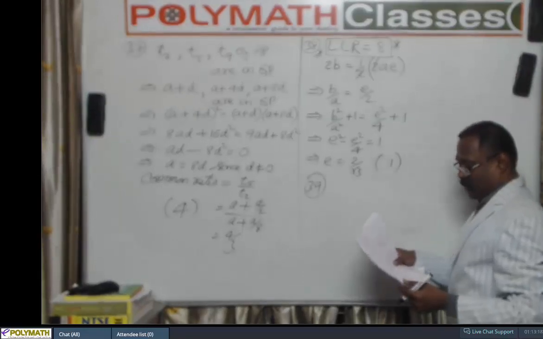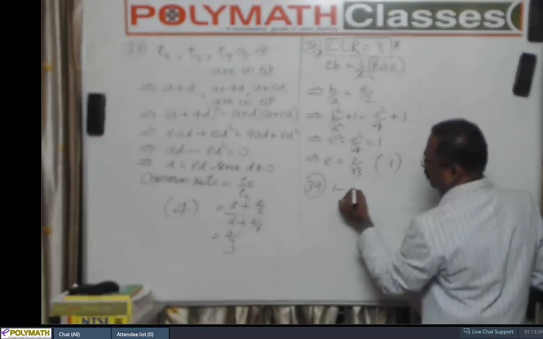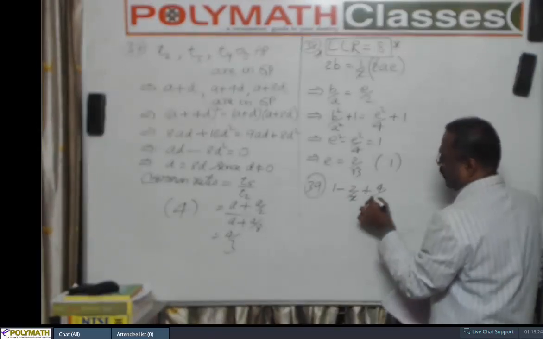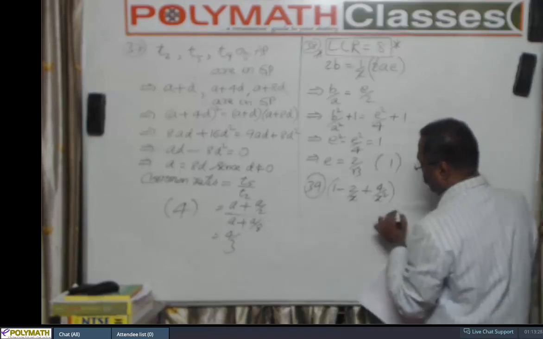So in this case also, the terms given are 1 - 2/x + 4/x^2 whole power 6.